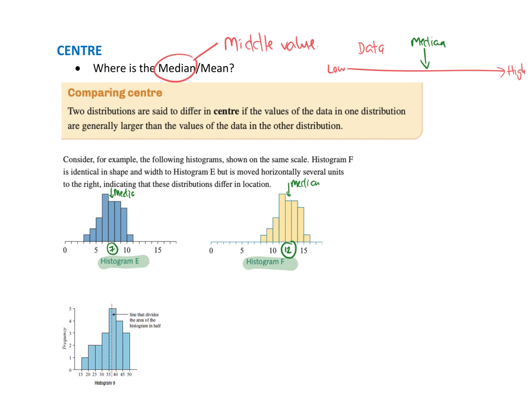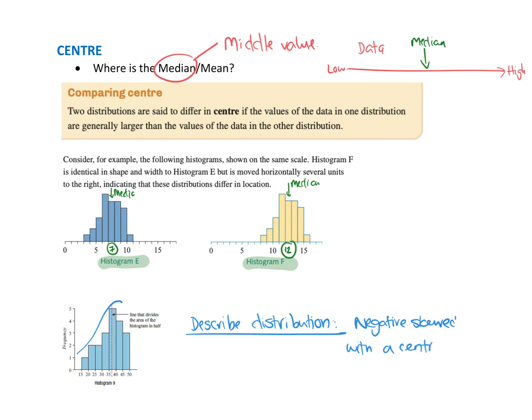If I was talking about this one down here, and I was asked to describe the distribution, I would say it's probably negative skew, with a center, and we're just going to say approximately, because we haven't worked out officially how to do it.